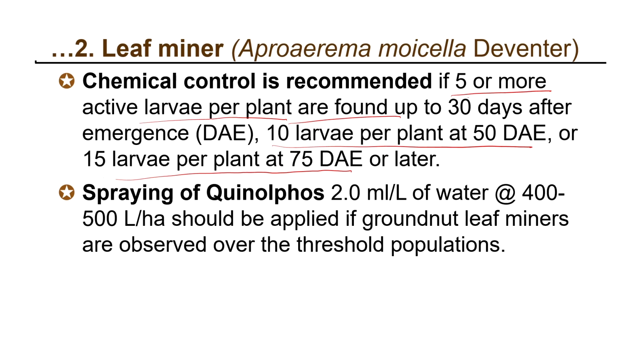So, these are the economic thresholds of this insect at different growing stages of the crop. Then what can be done is spraying of quinalphos 2 ml per liter of water at the rate of 400 or 500 liter solution per hectare if groundnut leaf miners are observed over the threshold level.